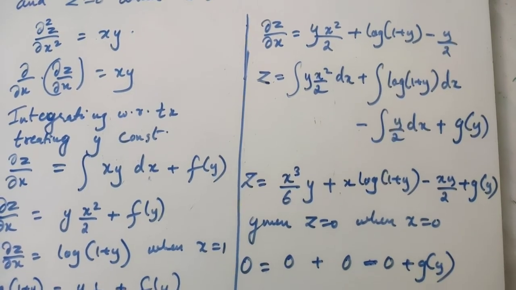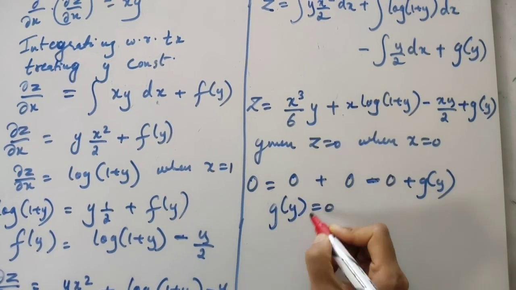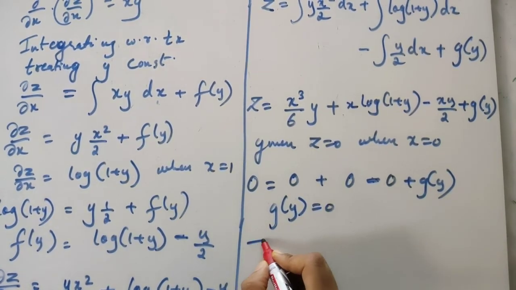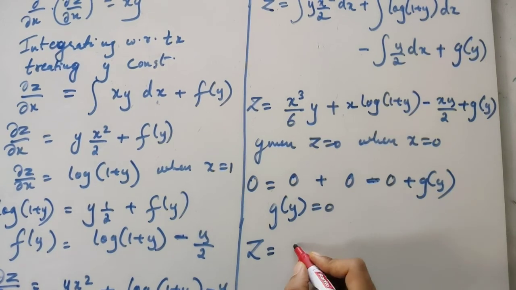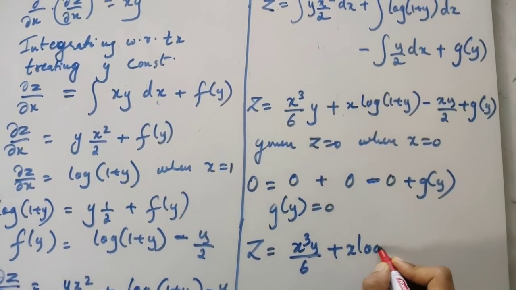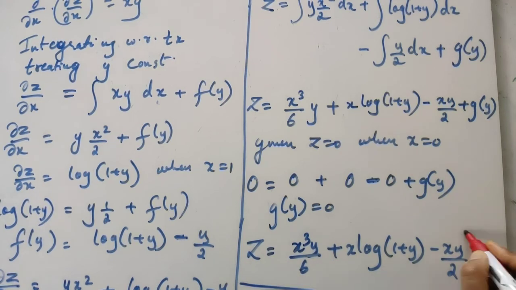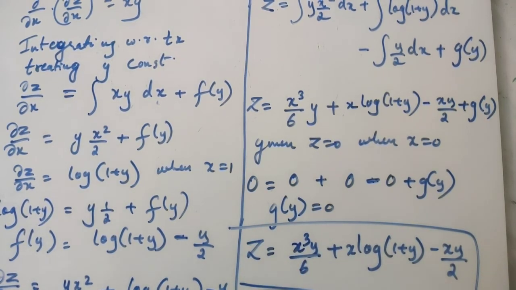So at the end you are getting g of y to be 0 directly. If g of y is 0, then the final value for z turns out to be x cube y by 6 plus x into log of 1 plus y minus x into y divided by 2. G of y is already 0. So this is the final answer for this partial differential equation.